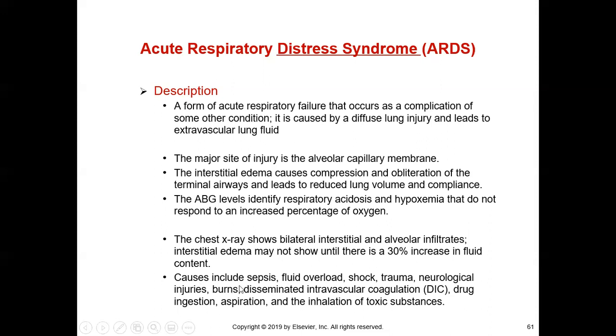Causes include sepsis, fluid overload, shock, trauma, neurological injuries, burns, disseminated intravascular coagulation, drug ingestion, aspiration, or inhaling toxic substances, right? It is the underlying cause of acute respiratory distress.